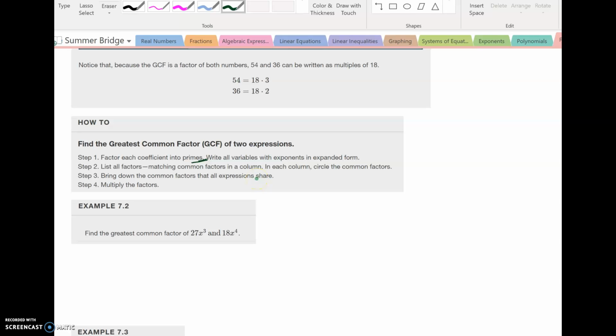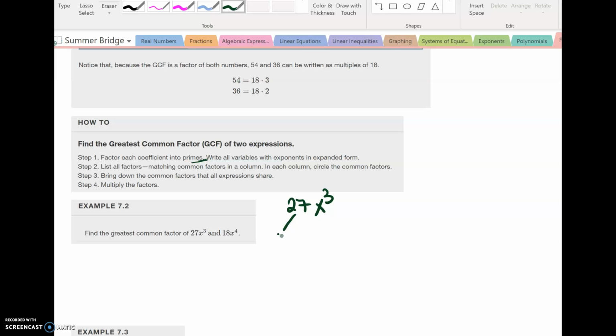Okay, so 27x cubed: that can be broken down into 3 times 9. Sorry, I said 7 times 6 at first.